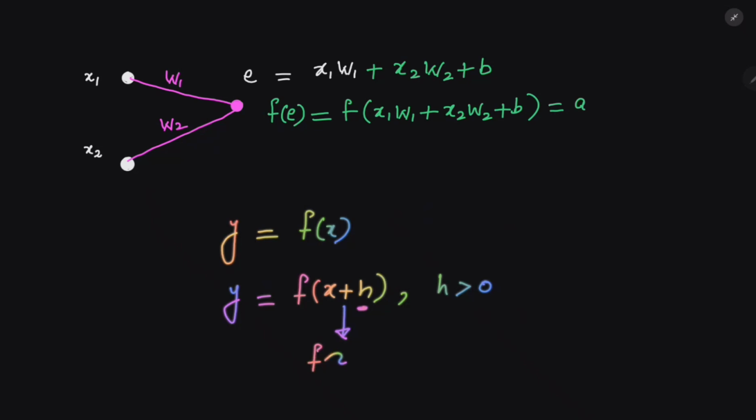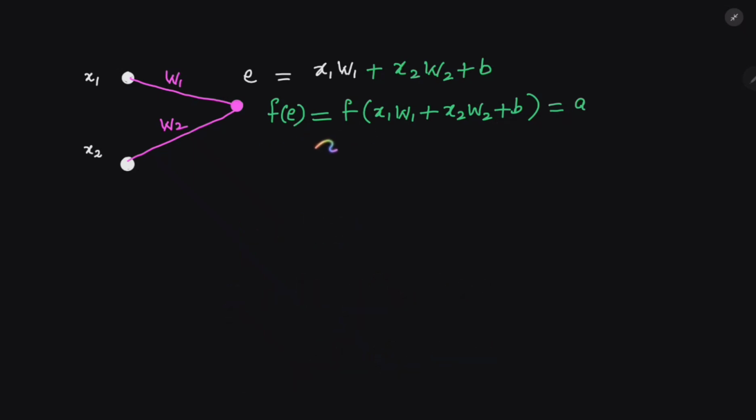And if h is negative, so you are adding a negative into the x, now the function will move towards the right. So it also depends on the bias where we want to move our activation function so that it can cover most of the data. So this was all about the bias term.